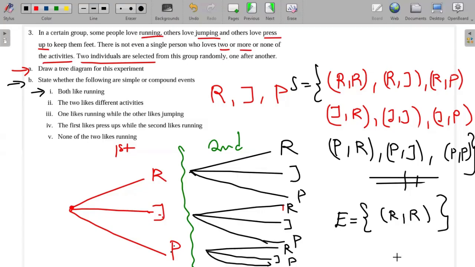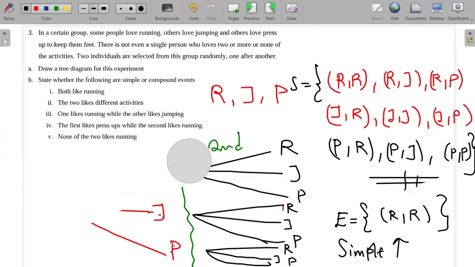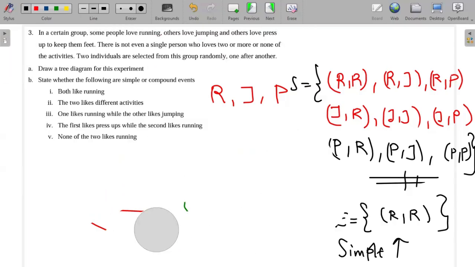So it means we just have one outcome in this event where both like the running. So we're going to say that this event is simple because it just has one outcome, running. Okay, so this one here is simple.